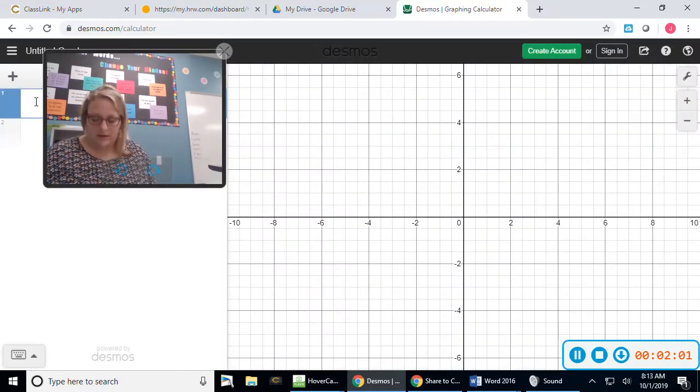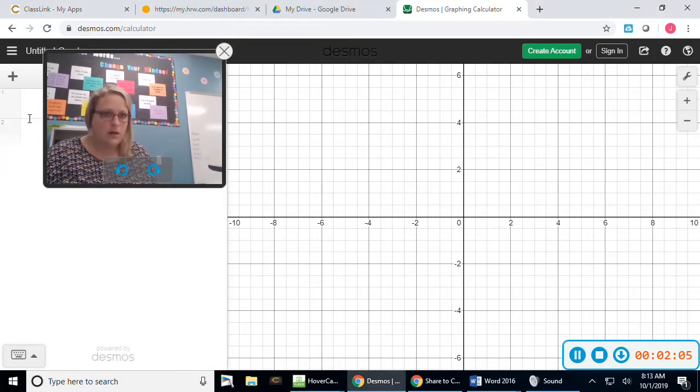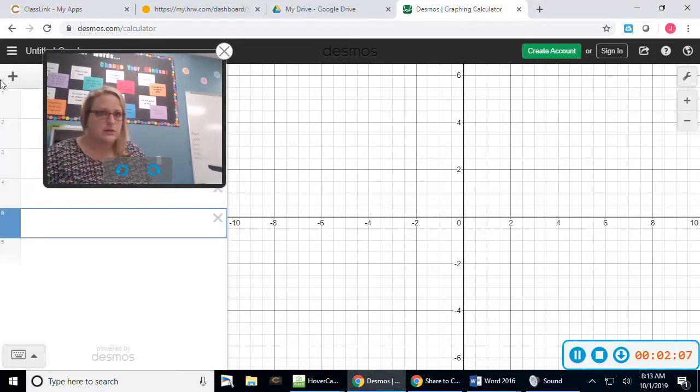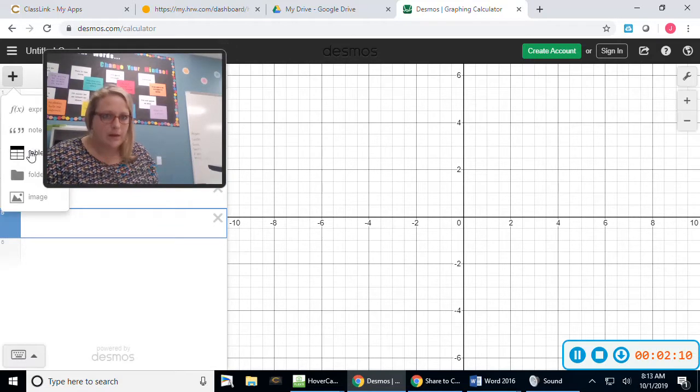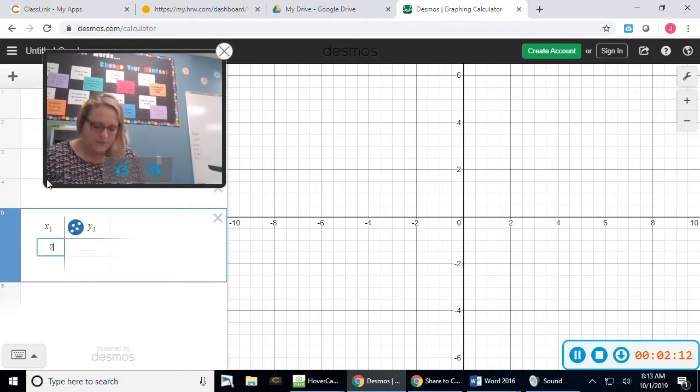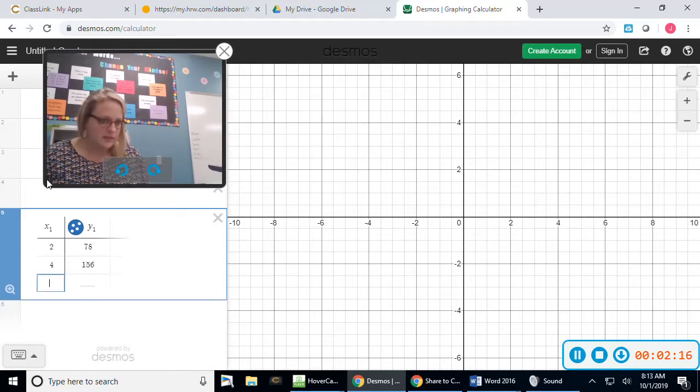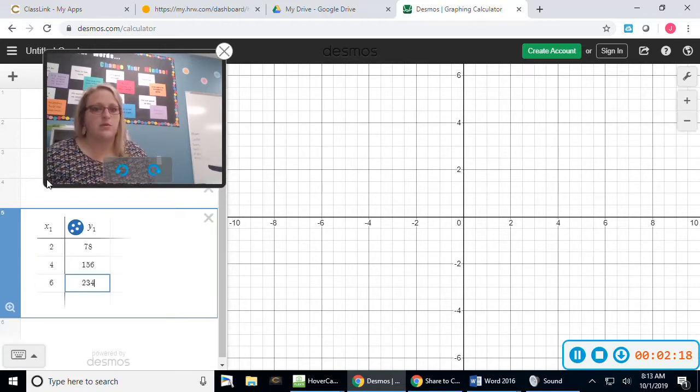Okay. And my picture, for some reason, I cannot move this. I don't know why. So I'm just going to hit enter, enter, enter until you can see what I'm typing. Table. And I have 2, 78, 4, 156, 6, 234. I don't want you to pause your video and try and do this with me.